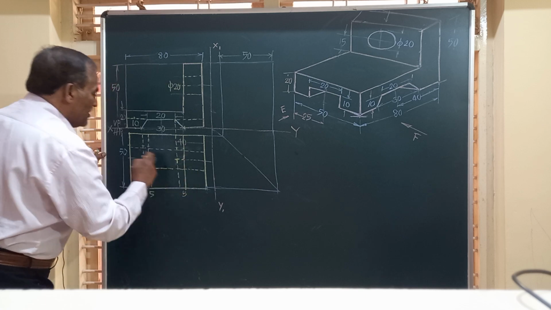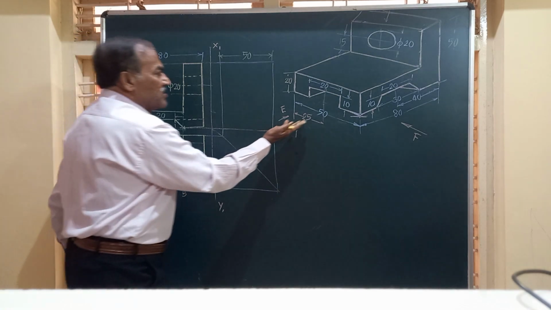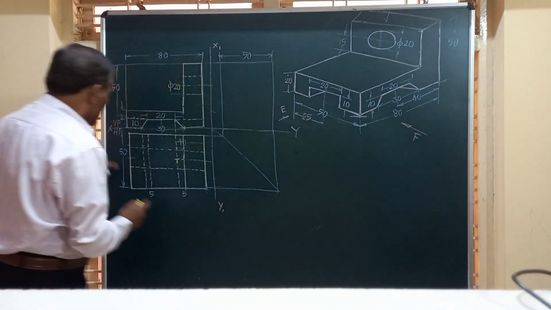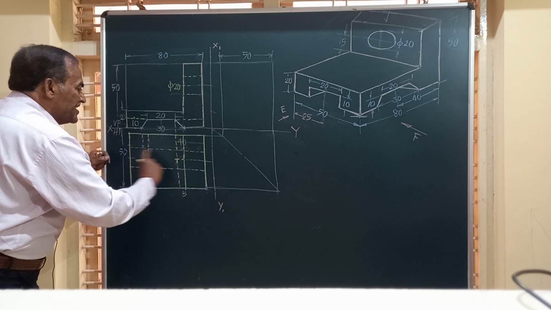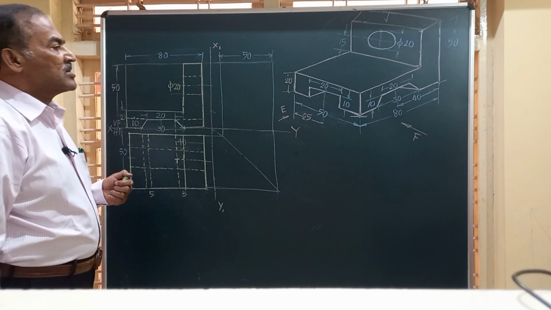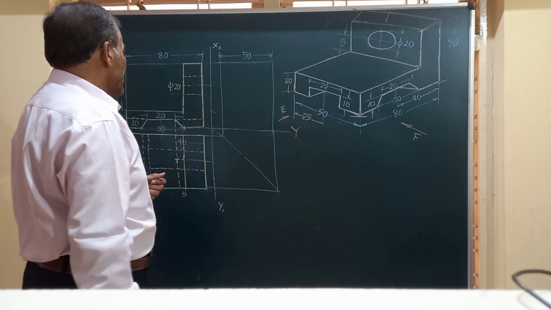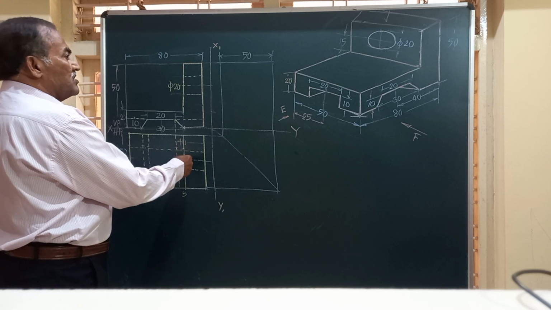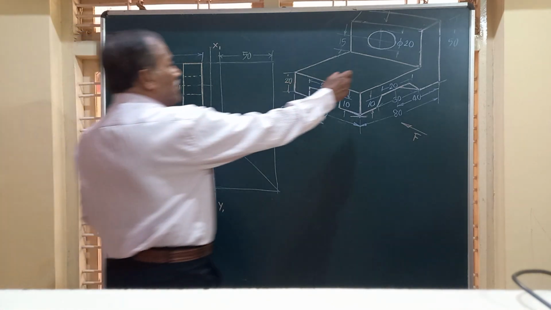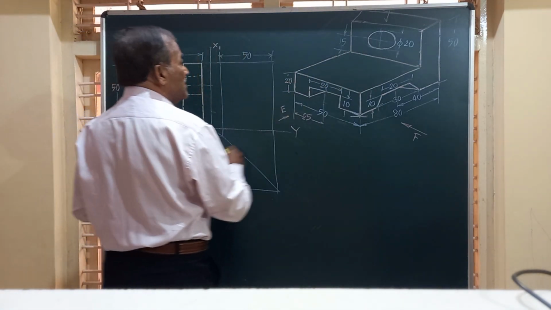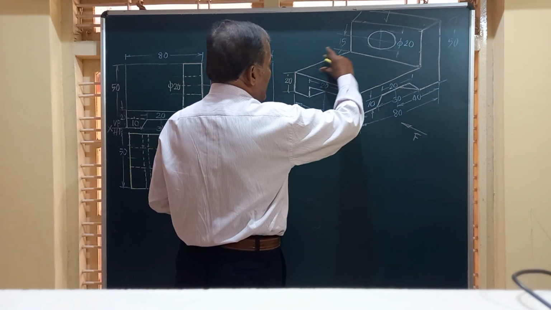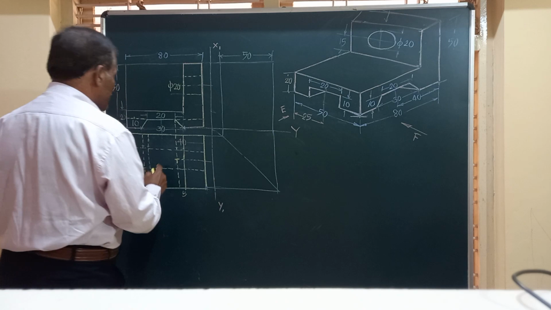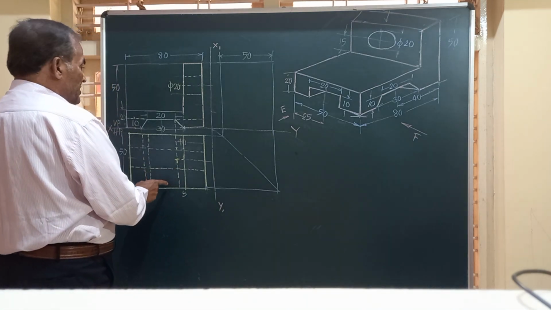These two lines are drawn here to show the rectangular slot which has got a width of 20. The hole diameter is also 20. Hence I have shown them lying on the same line. Friends, we have shown the hole in the vertical face here, and then the slot cut parallel to this edge, that also I have shown in the top view.